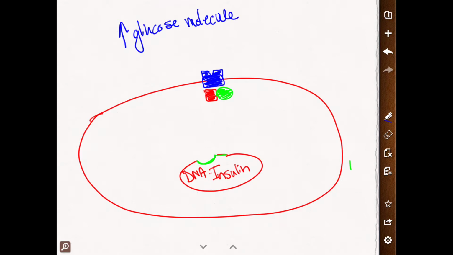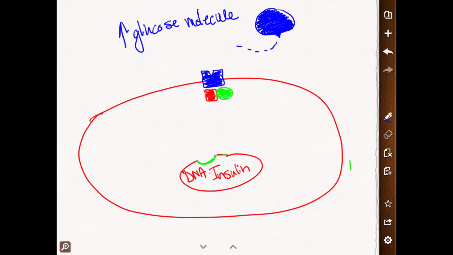And maybe it looks like this. Okay, it looks like this. Now already we can kind of tell from that configuration, depicting it as a shape as we're doing here, that this glucose molecule looks like it's going to interact with this transmembrane protein right here, this signaling protein.